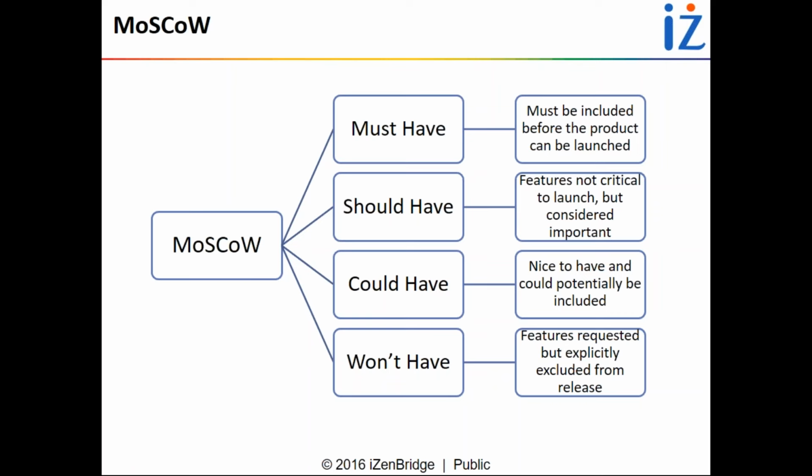For example, if you are developing a job site, the search feature is must have. A job site will not work without a search feature. But when you decompose the search feature into keyword searching and location searching, you may decide that keyword searching is a must have and location searching is a should have.